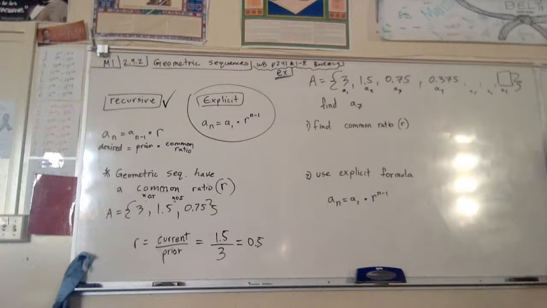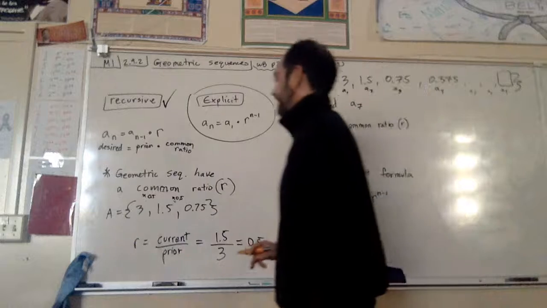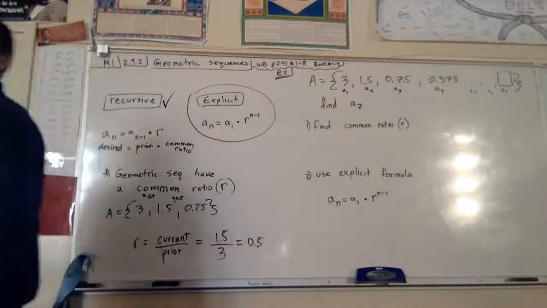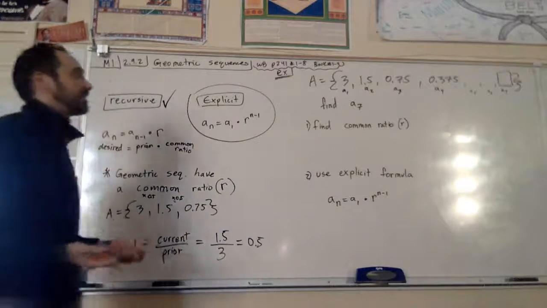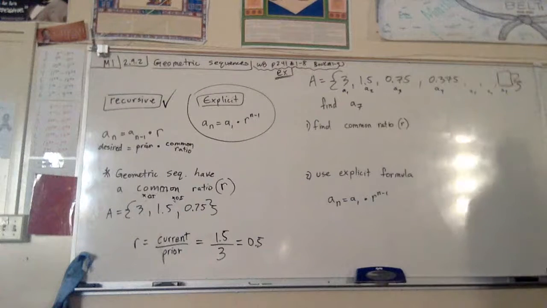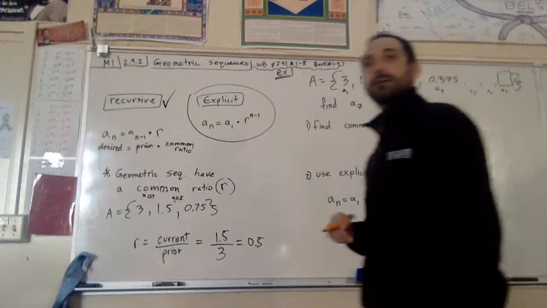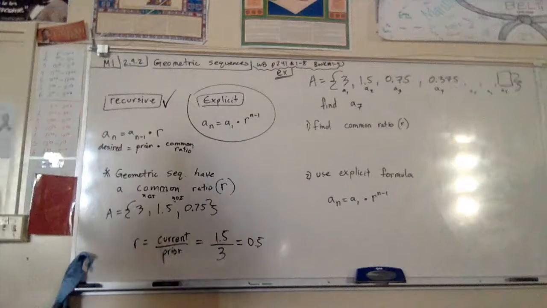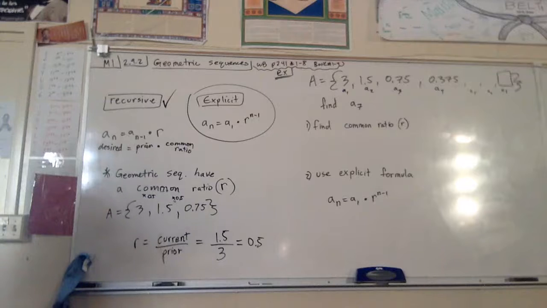Let's find the common ratio. I want you to work that out right here. Actually, looks like you already did. What's happening to these numbers? Tell your neighbor, what's happening to our numbers as we go? Is it getting bigger, smaller? What are you multiplying to get to the next term? Smaller. What do you think? Brian, what do you think? It's decreasing by half.